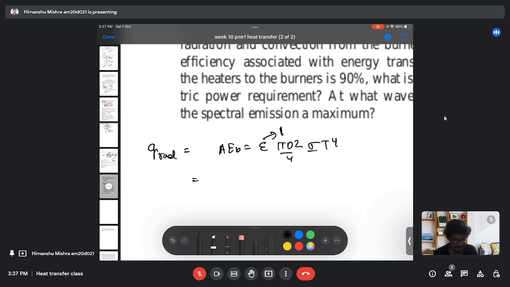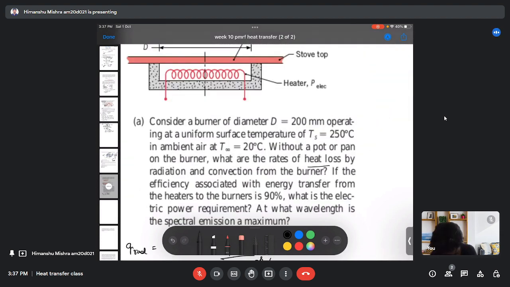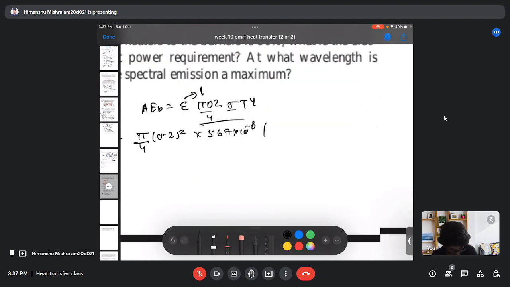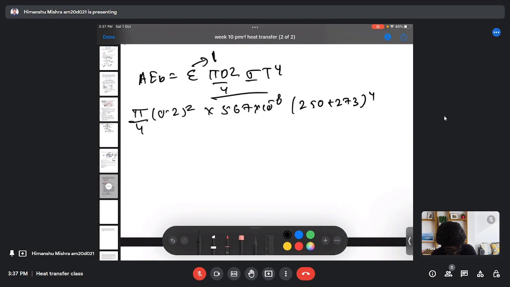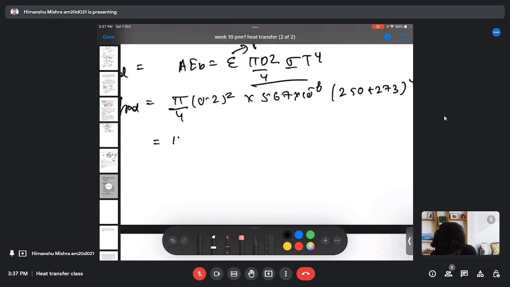Sigma is my Stefan-Boltzmann constant. We just need to substitute the values, and write the temperature, which is 250 degrees Celsius, converted into Kelvin.